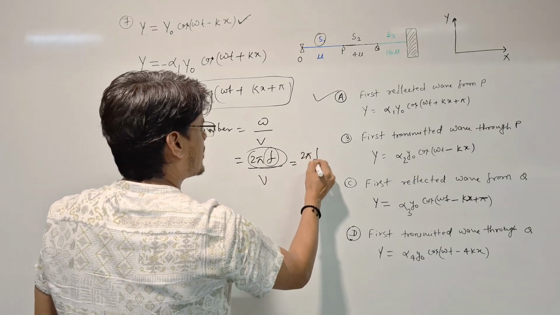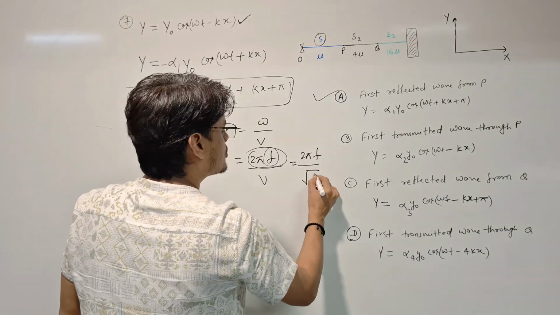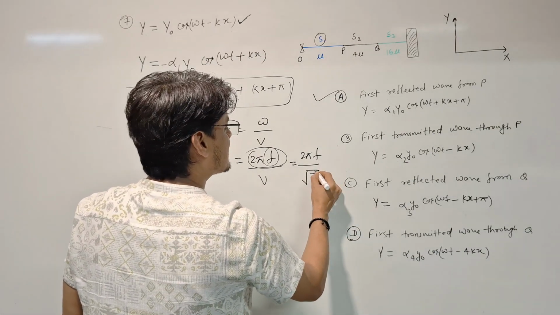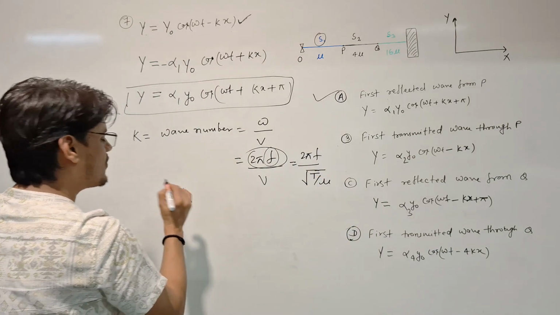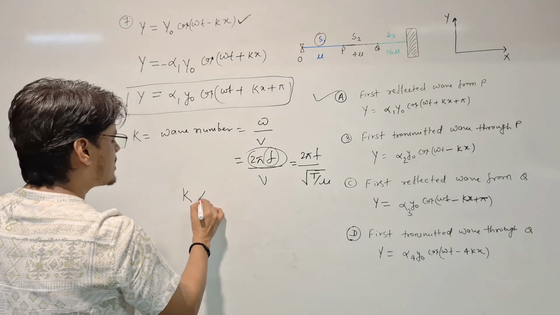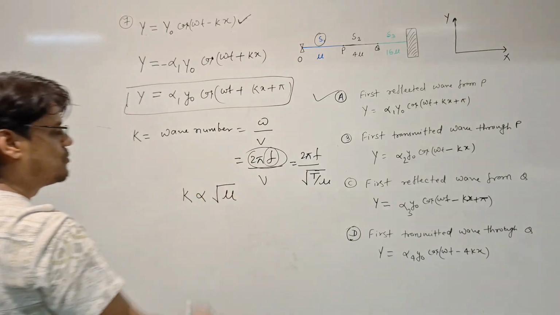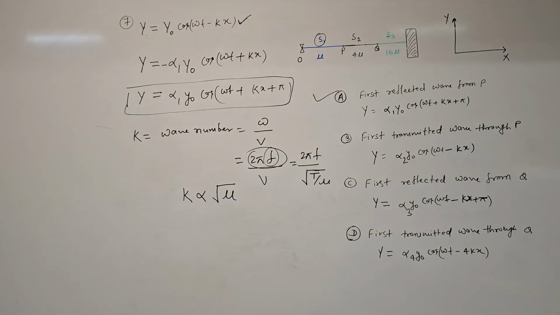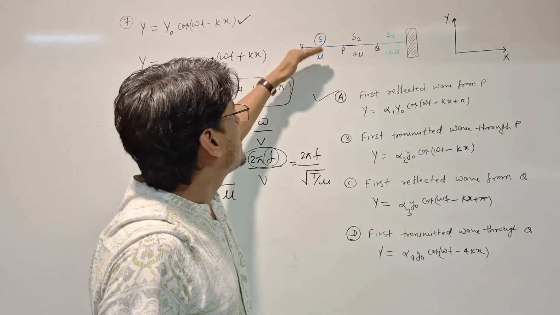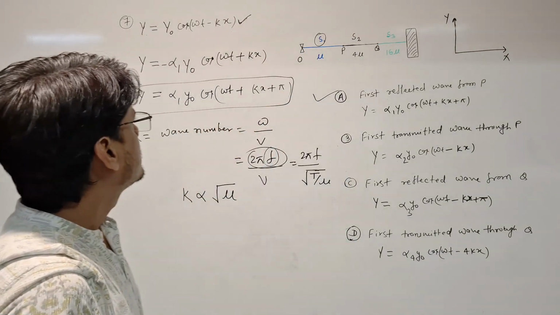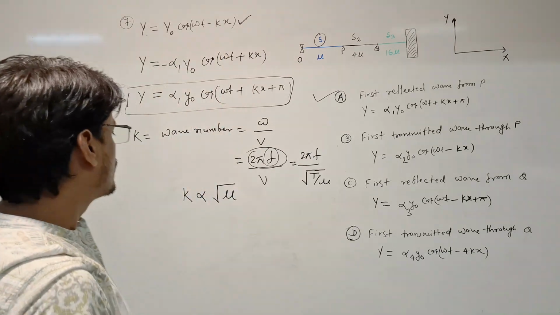Velocity is equal to the square root of T upon mu, where T is the tension and mu is the mass per unit length. Hence k, the wave number, is proportional to the square root of mu. Here it is given that when the wave is traveling in medium S1, the value of wave number is k.